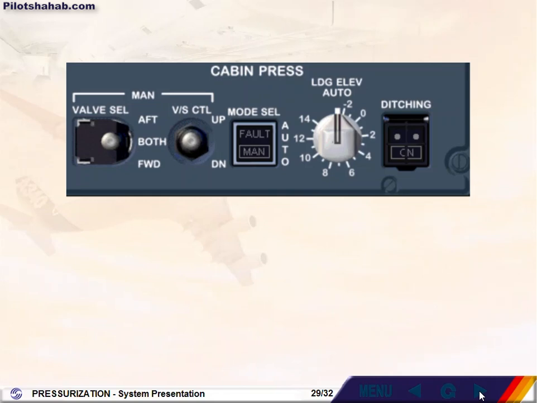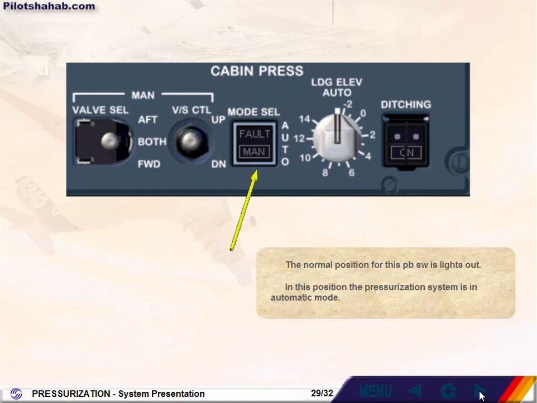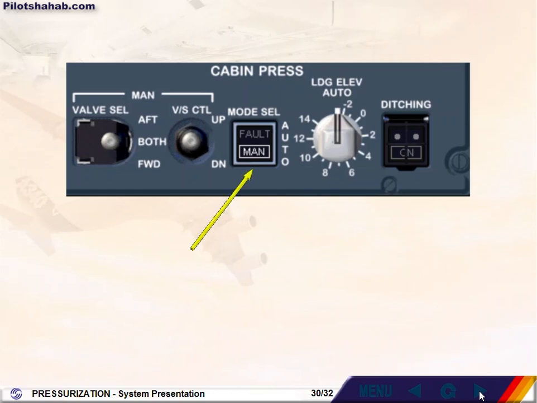The normal position for this push-button switch is lights out. In this position, the pressurization system is in automatic mode. The use of manual mode, the manual vertical speed control, and the valve selector will be discussed in the abnormal operation module.